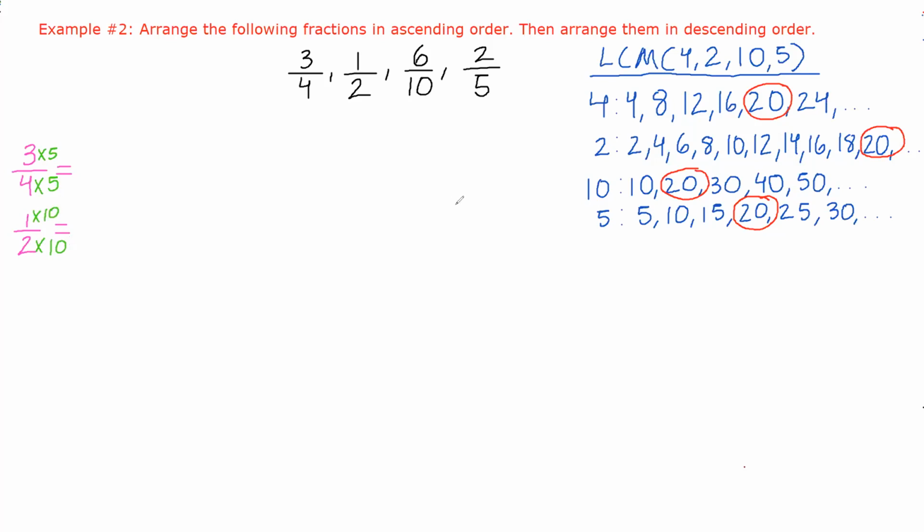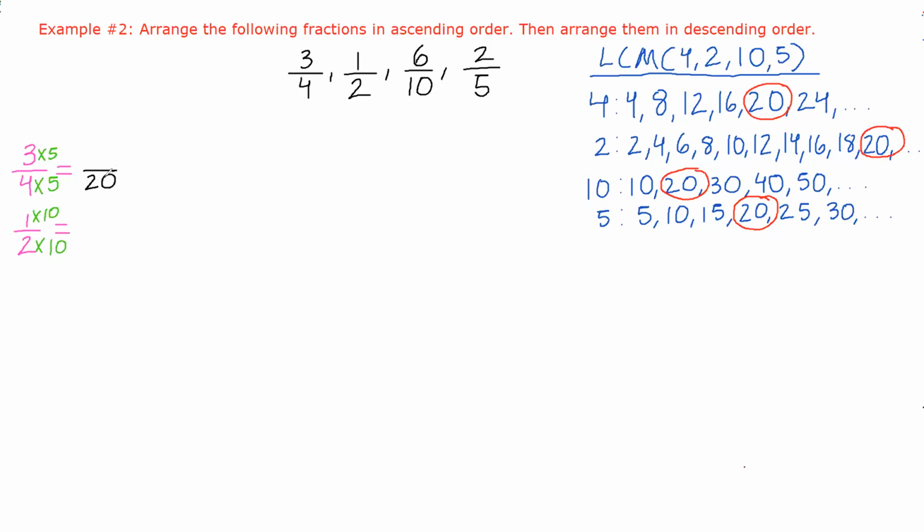Reagan, what is 4 times 5? 20, and 3 times 5 is 15. Very good.